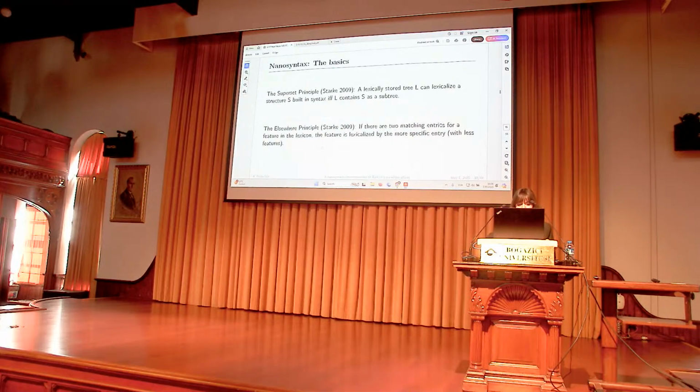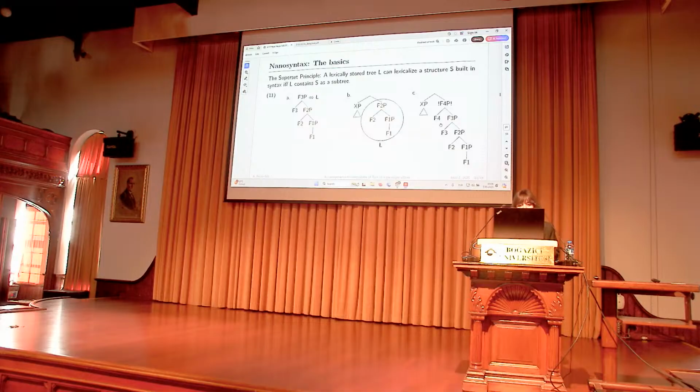All right. There are also 2 core principles that govern the lexicalization algorithm and the derivational process. The first one is the superset principle. A lexically stored tree L can lexicalize the structure S as built in the syntax if and only if L contains S as a subtree.